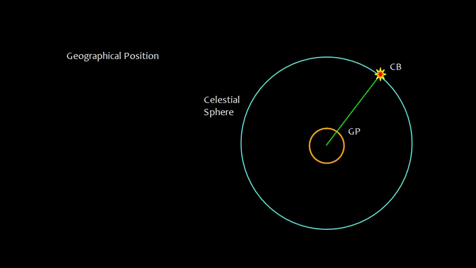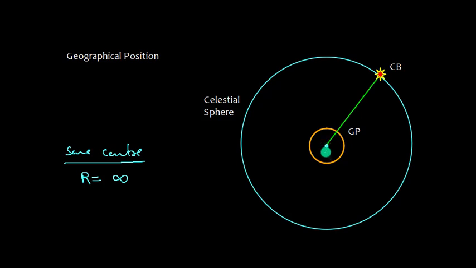Okay. Now, let me define some more interesting terms from the celestial navigation point of view, and that is called geographical position. Suppose this is a celestial sphere and this is Earth. Both the spheres are having the same center. Both are concentric, and the celestial sphere will have a radius of infinity.